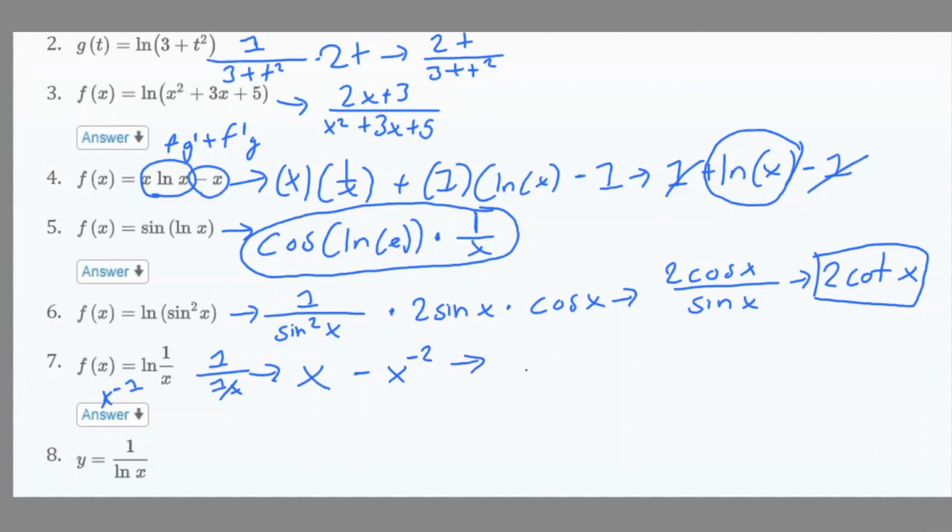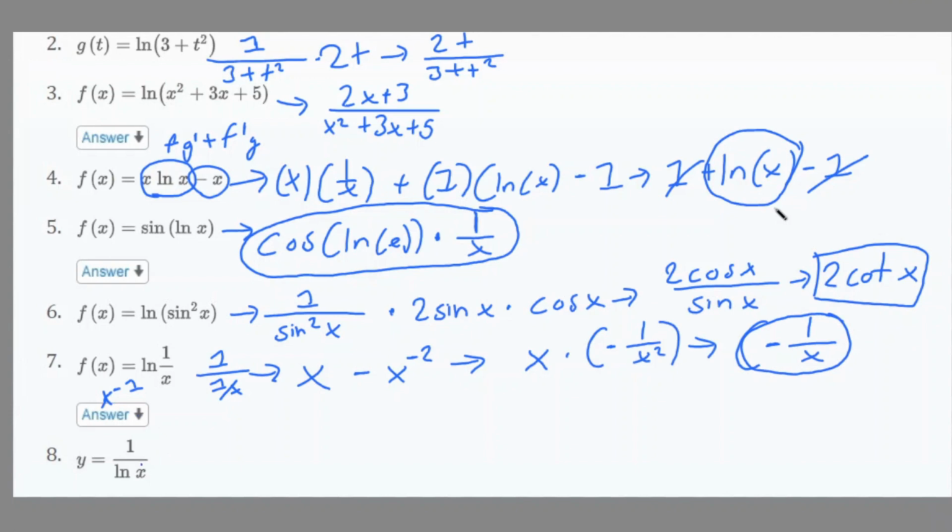Now let's rewrite it actually. So it would be x times negative 1 over x squared. Now if we put everything together, the x would go in the numerator, and then it would cancel out 1 power on the bottom. So we would be left with negative 1 over x as our final answer for number 7.